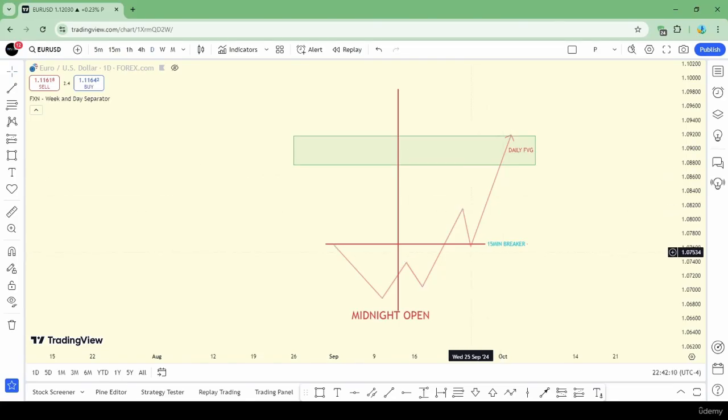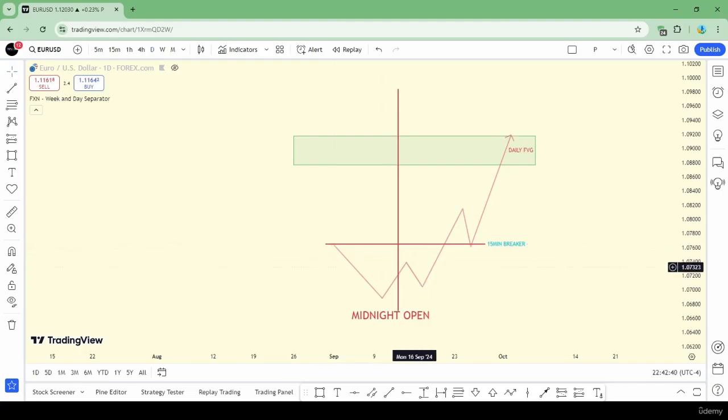So as you can see, this is an example of where we have a draw towards the daily fair value gap. Another thing I want to say about this example is you'll not have every time the market confirming a 15 minutes fair value gap. We may see that the market may come and start reversing, creating higher highs in the market.